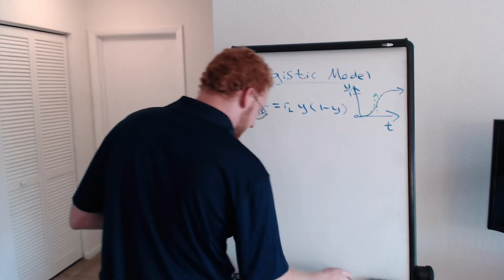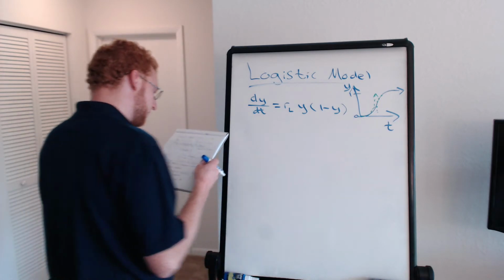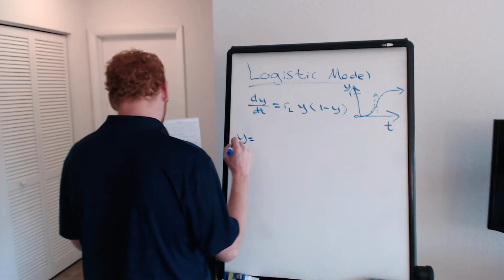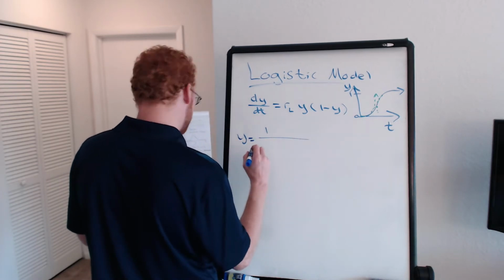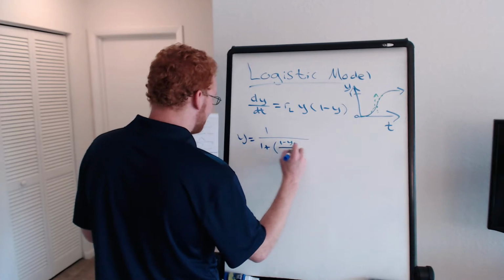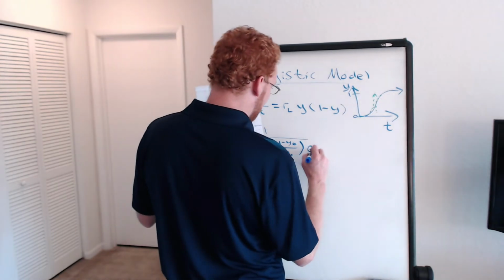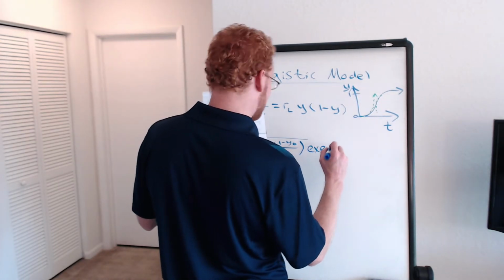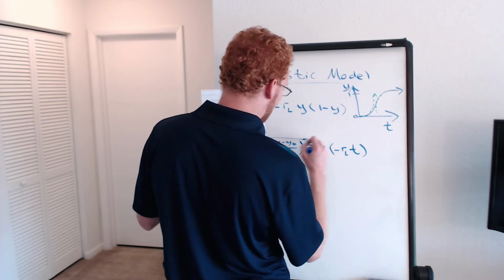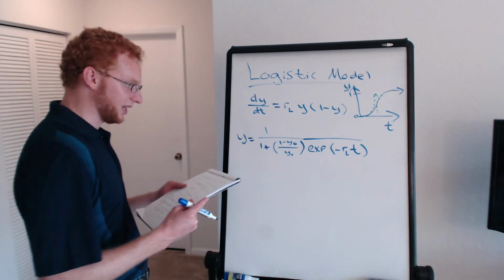And you do a bunch of algebra, differential equations or whatever, and you eventually come up with y is equal to 1 divided by 1 plus ((1 minus y sub 0) over y sub 0) times exp(minus the rate of the logistic times time). Voila! It's kind of ugly, but it's not that bad.